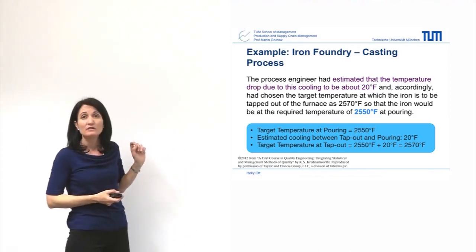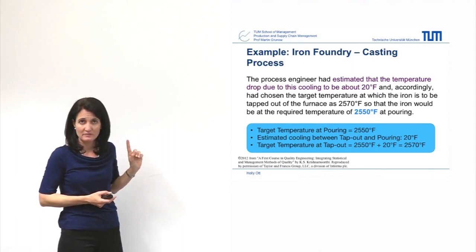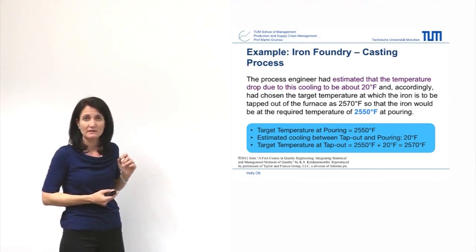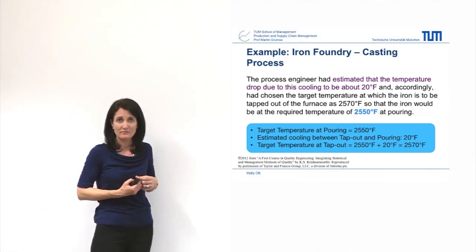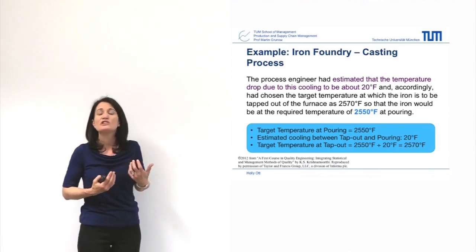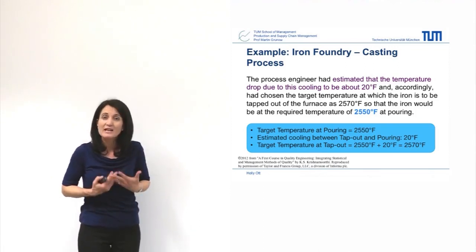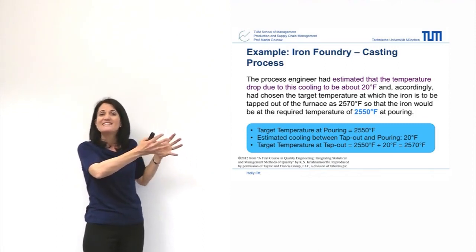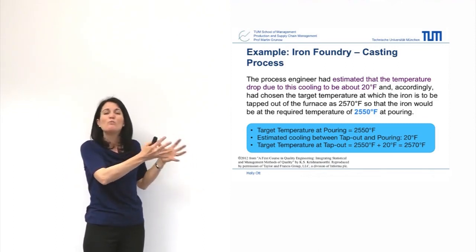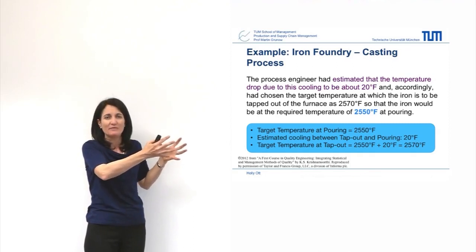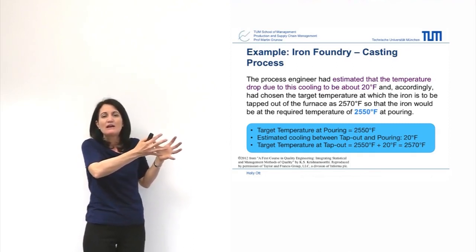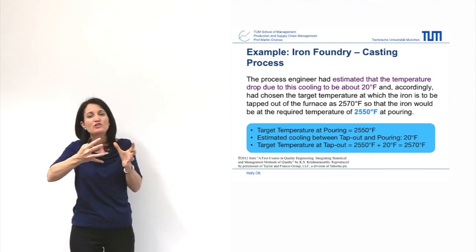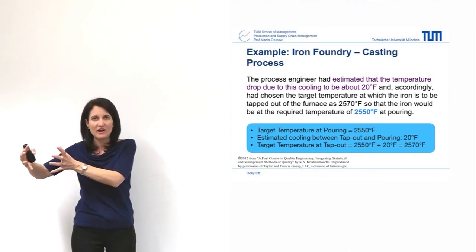Now, you have a few parameters that you have to get from the people in the factory. The first information is that the process engineer has estimated that from the tapping out, when the molten iron is taken from the hot furnace, the temperature drops about 20 degrees Fahrenheit.